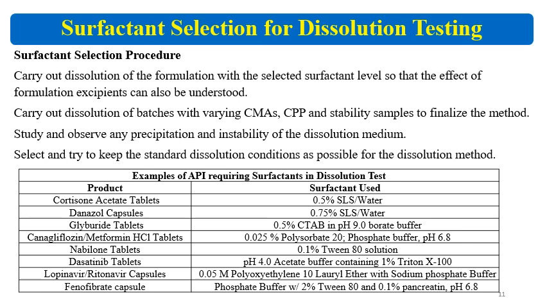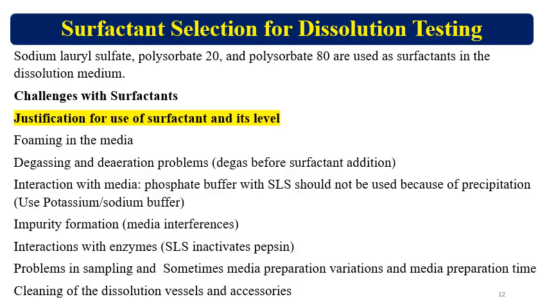Canagliflozin metformin HCl tablets involve the use of 0.025% polysorbate 20 in phosphate buffer of 6.8. Nabilone tablets 0.1% Tween 80 solution. Dasatinib tablets are tested with surfactant 1% Triton X-100 in pH 4 acetate buffer. So many examples you can get from the literature.